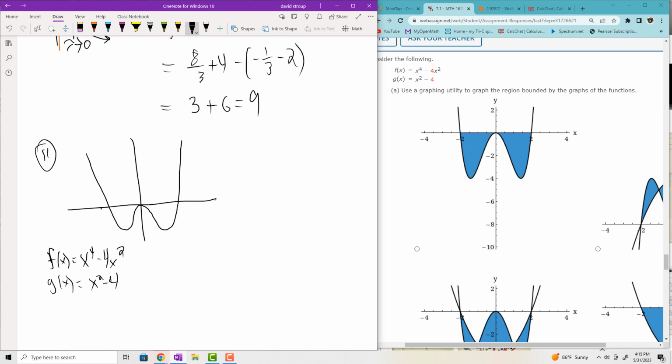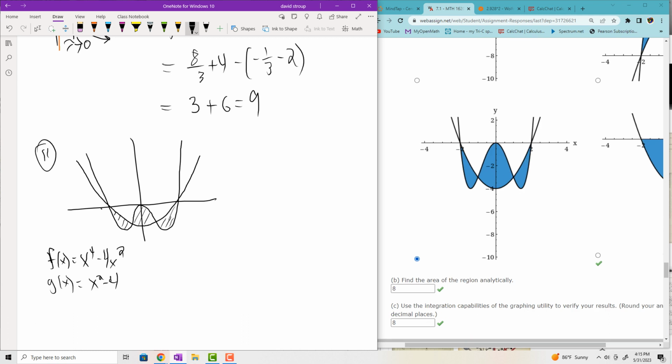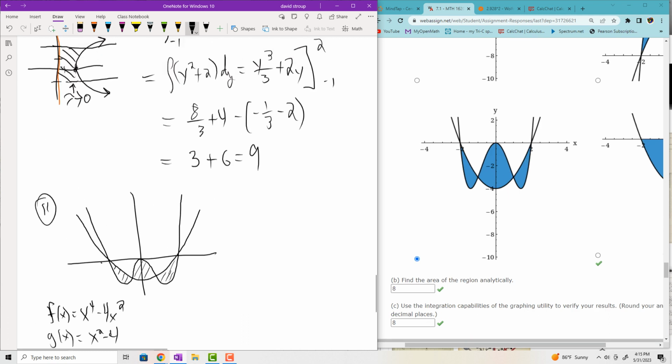So x squared minus 4 is a parabola shifted 4 places downwards, and remembering what it looked like, it went down like this and then intersected and then probably hits somewhere down here and then comes back up like this. Okay, so the region enclosed by those two curves is going to be this junk, and this junk. So that would be this picture on the right here in this box.